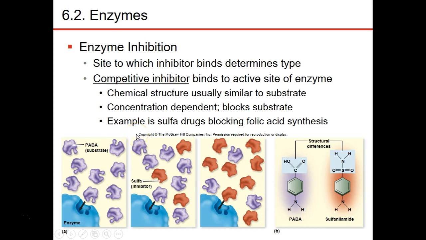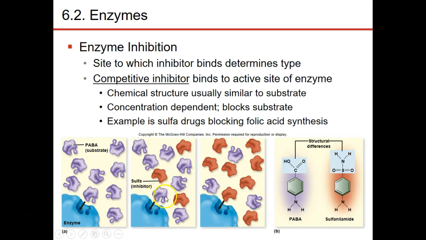Competitive inhibition is when a molecule binds to the active site. So in general, competitive inhibition is going to be seen with different poisons. Here's an example of a competitive inhibitor.